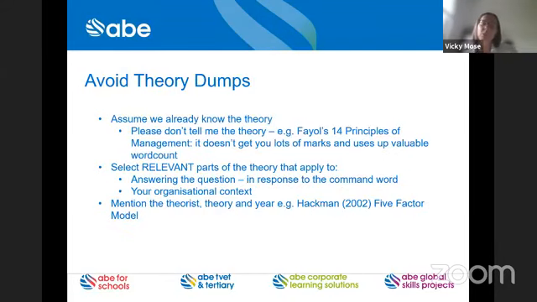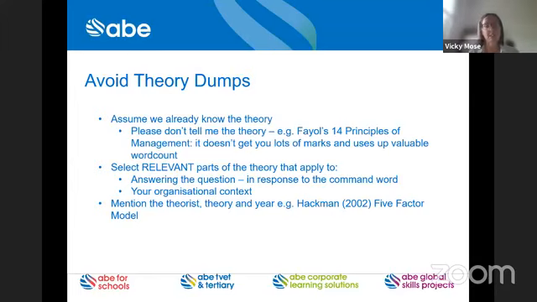I've already mentioned the word theory dump. It's something that our markers look for a lot. Whilst you may think, I've really done well in that question, I've told them all about Porter's 5 forces, or 14 principles of management, you might think you have smashed it.